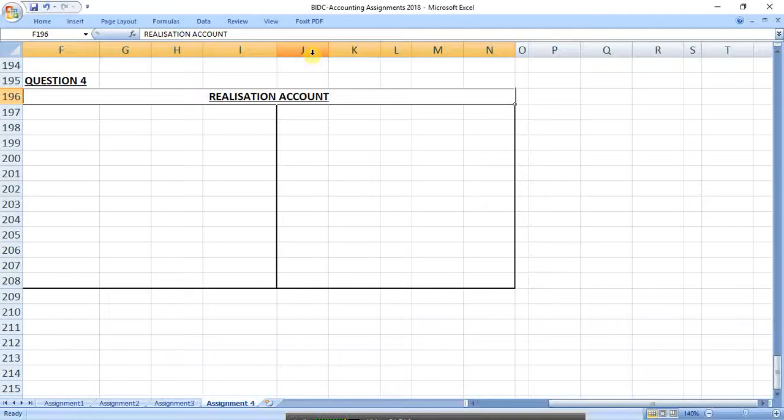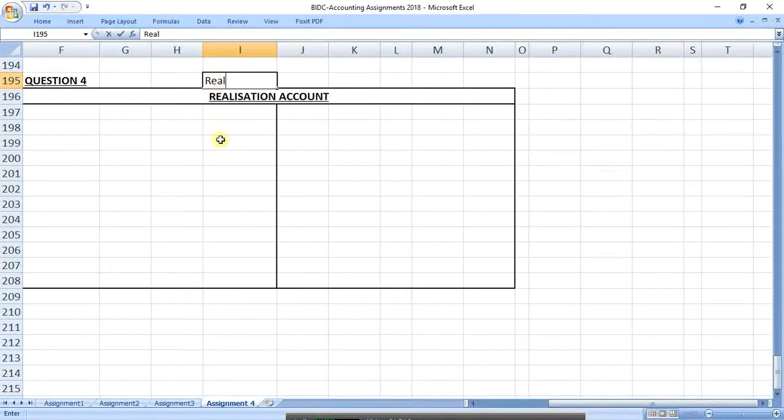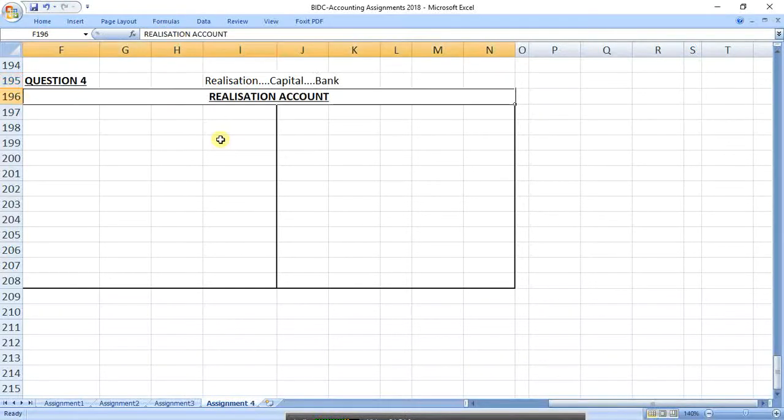The cash will be paid out to the partners. And the second will be the capital accounts: how much are they entitled to? Let me write that down. This is revision. You would have written this in the notes. Realization, capital accounts, bank. So you're either paying out cash to partners and they go their separate ways, or you're giving them assets and then they go their separate ways. Doesn't matter, either or.